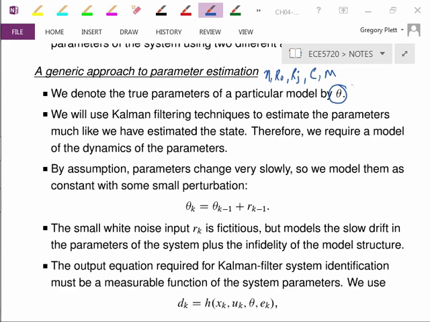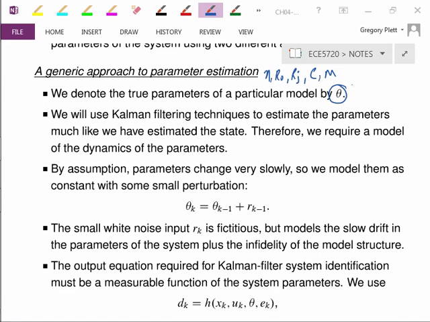And we will use a Kalman filtering technique to estimate these parameters, just like we've estimated the state. So that means a Kalman filter requires, remember, a state equation and a measurement equation. Here the state equation is really, maybe we should call it a parameter equation, because it's talking about how the parameters can change with time.